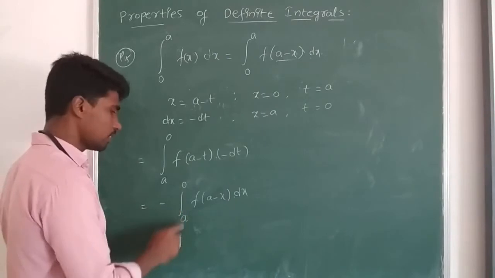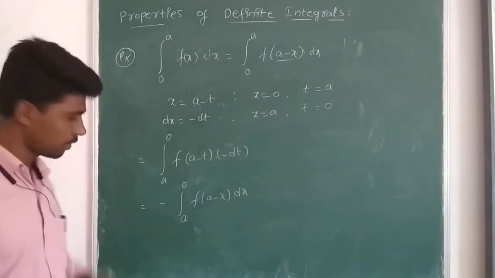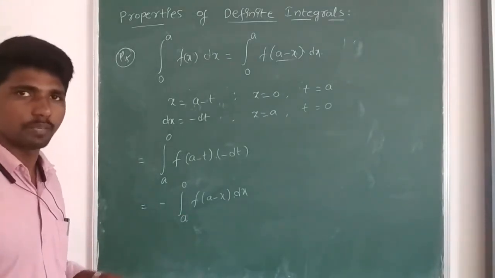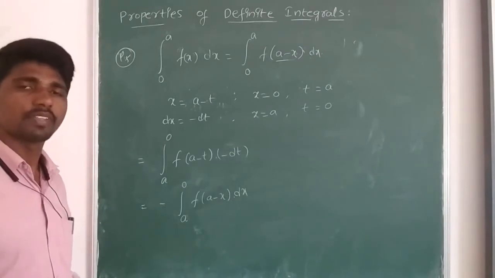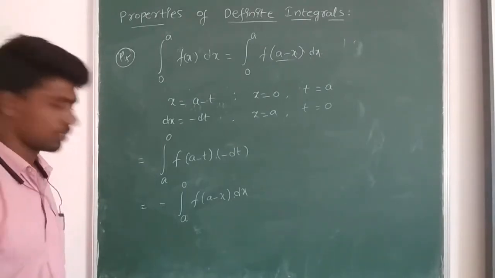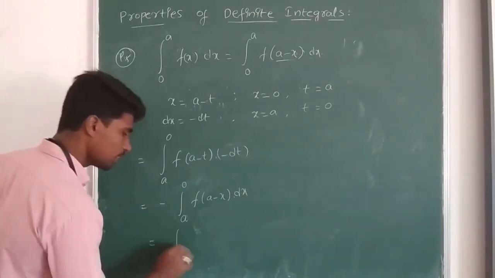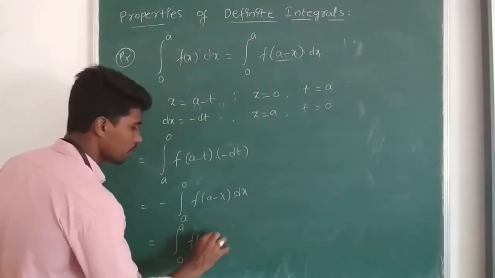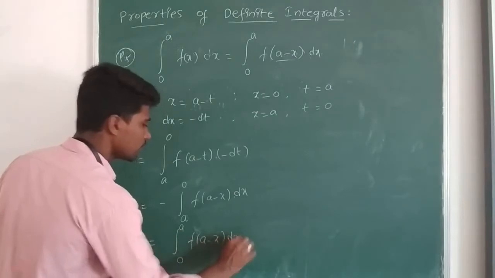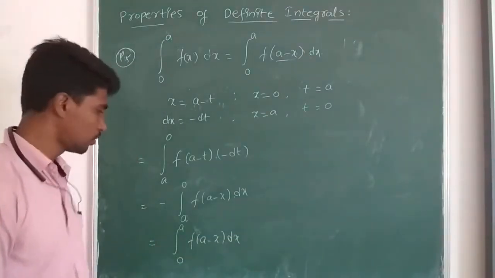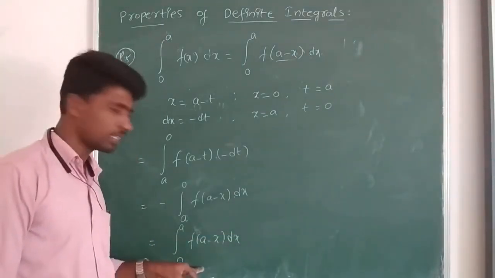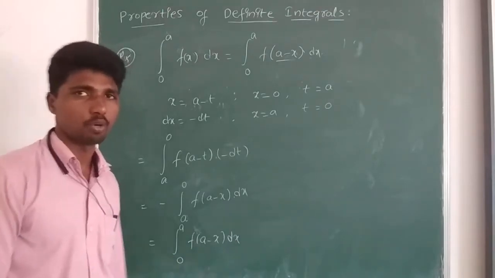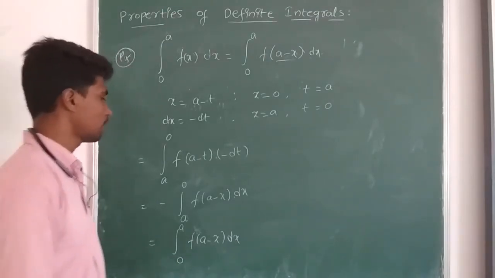So minus of integral a to 0. If I change the limits, then the integral will be multiplied by minus. So I get integral 0 to a f of a minus x dx. This is property number 5.